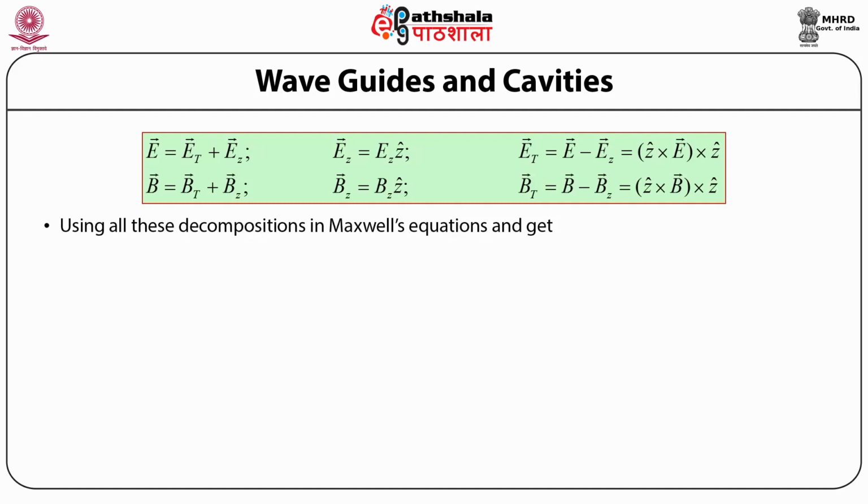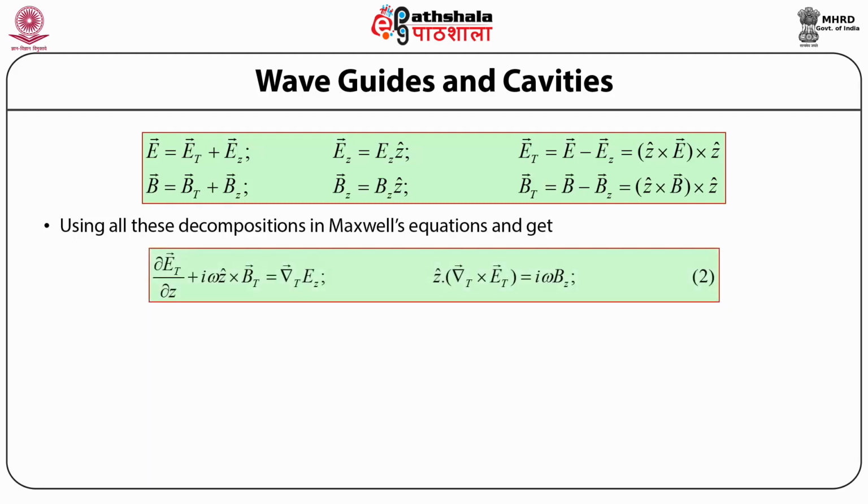We get the following equations: the partial derivative of the transverse component of the electric field with respect to z plus iω times unit vector z cross the transverse component of B is equal to the transverse del operator acting on the z component of the electric field.